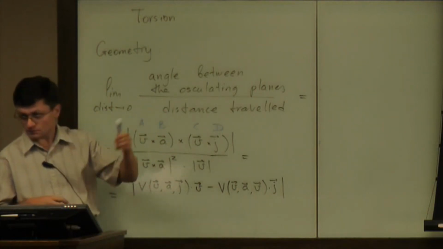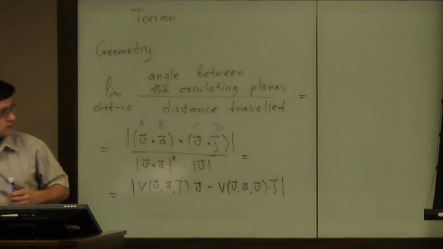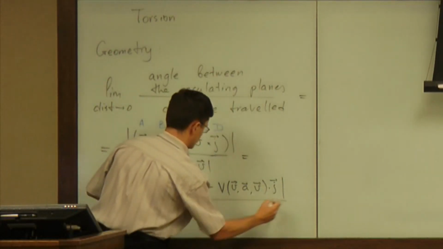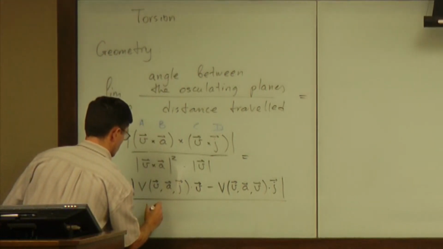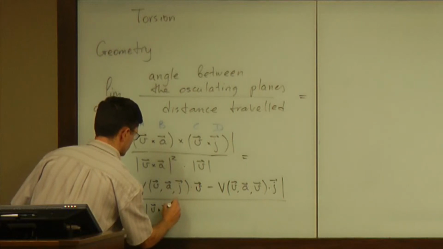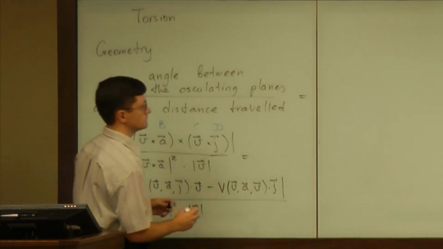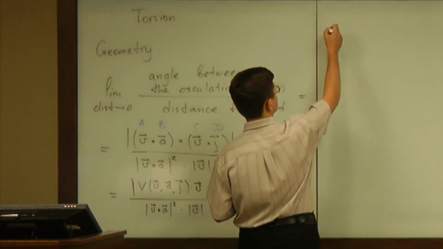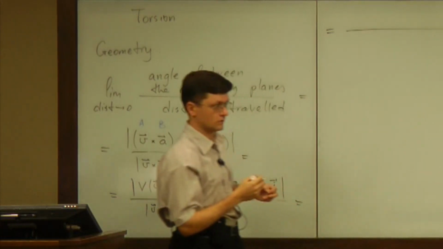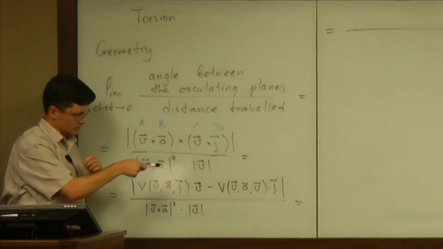And that's all we need from Wikipedia. So that needs to be divided by the same V cross A squared and the speed. Now, are we getting closer to that formula? Is there anything we can simplify here?